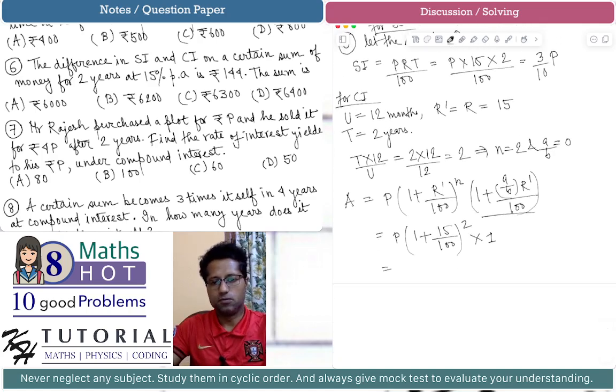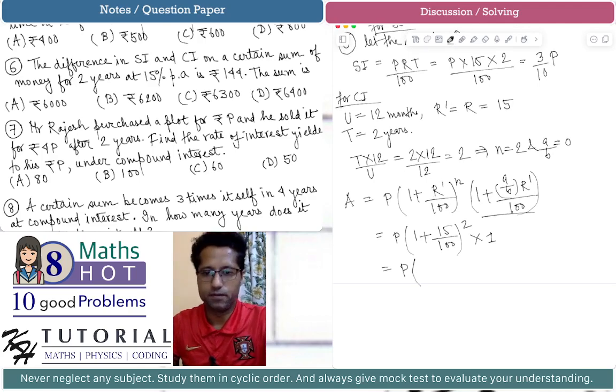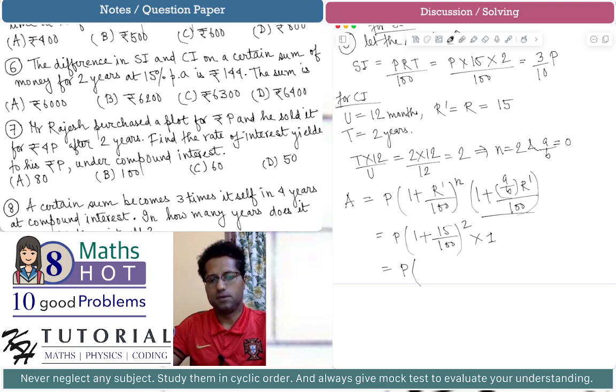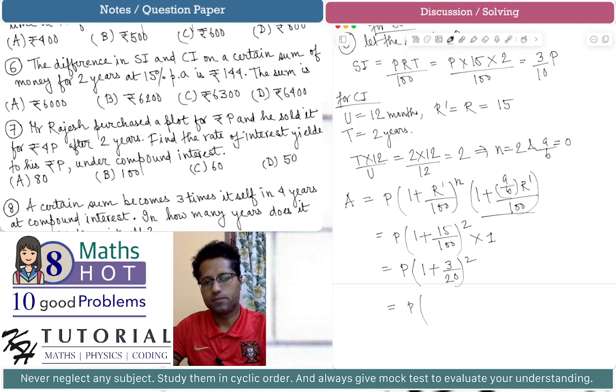This is equal to P multiplied by 15 by 100 can be simplified as 3 by 20 square. And 1 plus 3 by 20 is 23 by 20 square.